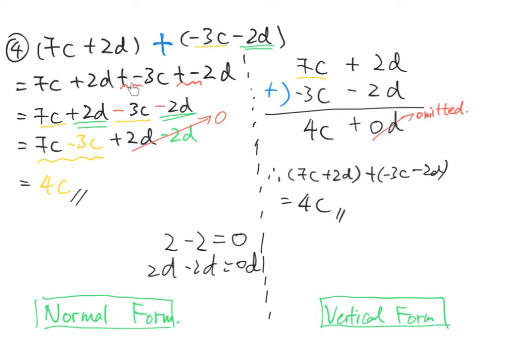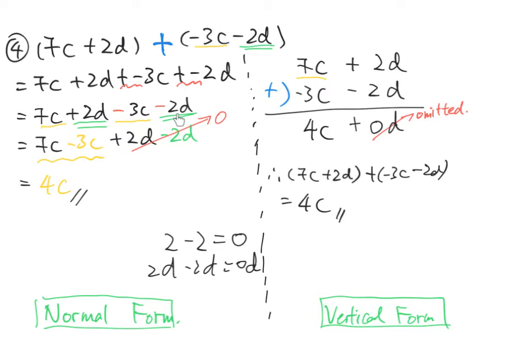Plus minus can be written as minus. Plus minus 2d, plus minus is written as minus. So the polynomial becomes 7c plus 2d minus 3c minus 2d.